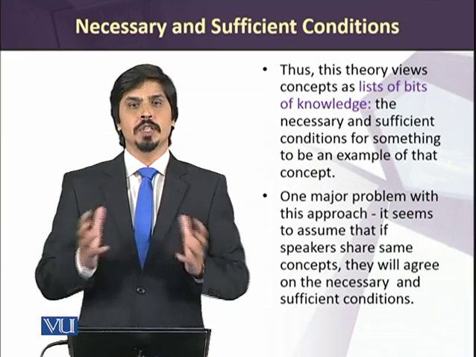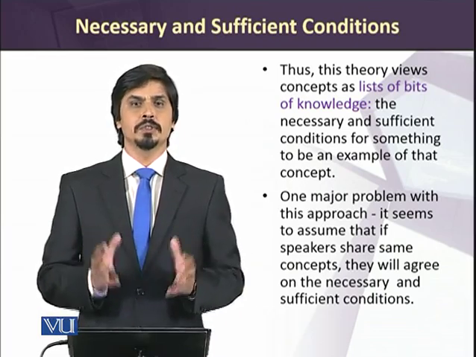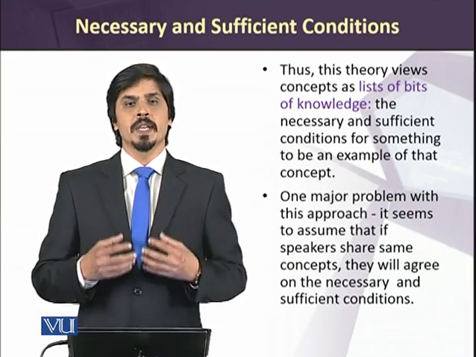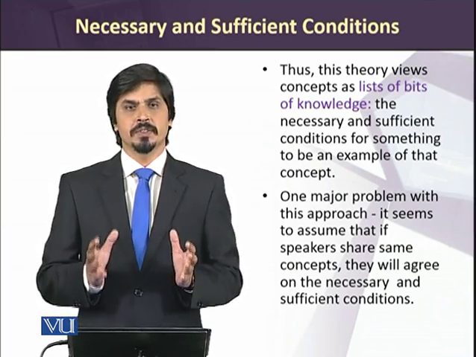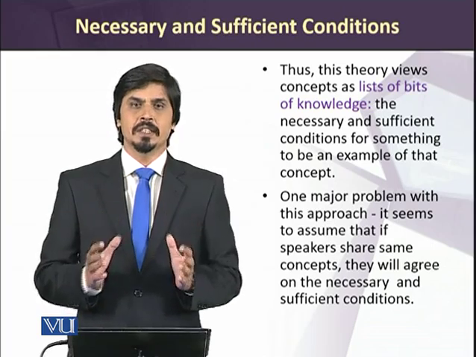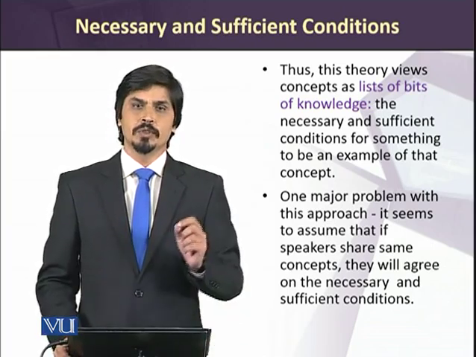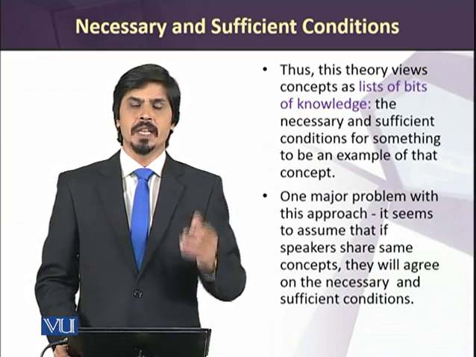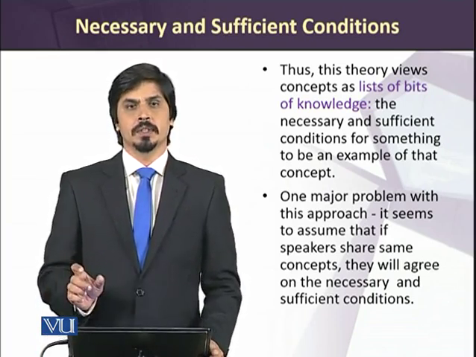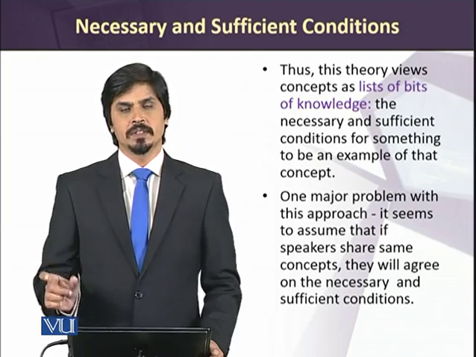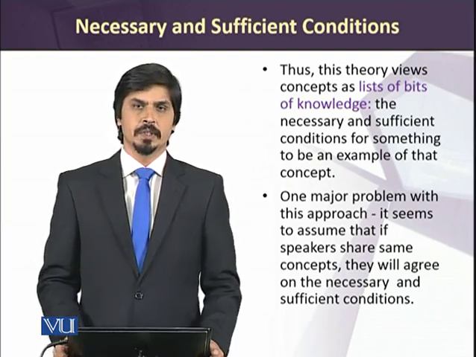But if they do not share the same concept, they would not reach the same conclusion, because in order to believe in the same necessary or sufficient conditions, it is necessary that people have the same concept of that idea in the mind. If they do not have the same concept, probably their making of necessary or sufficient conditions would be different.